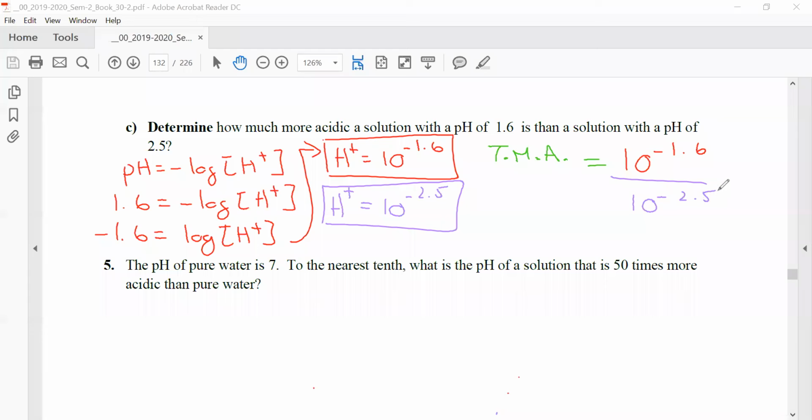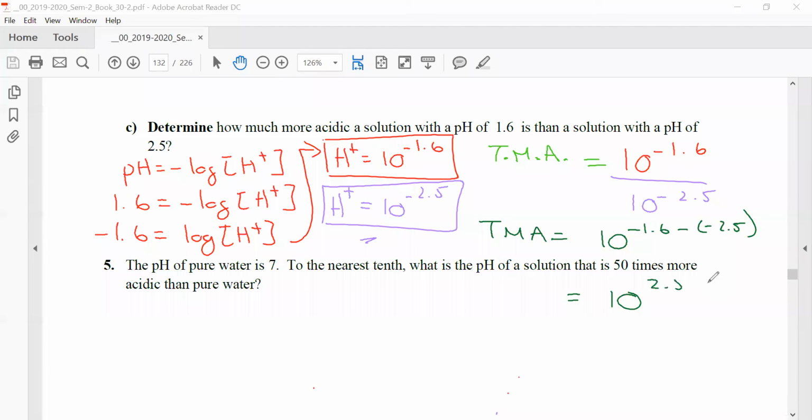There's the smaller. Now, this is where that negative I was talking about earlier comes into play. When we subtract, I'm going to subtract that negative, but we all know what happens when we subtract a negative: it becomes a positive.